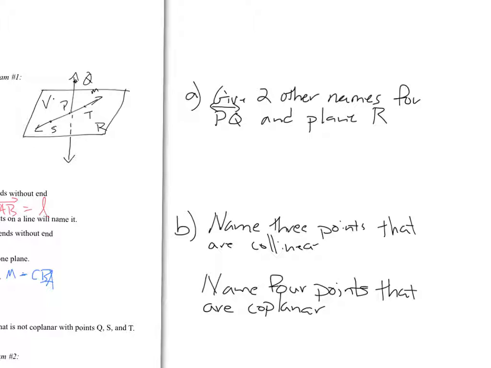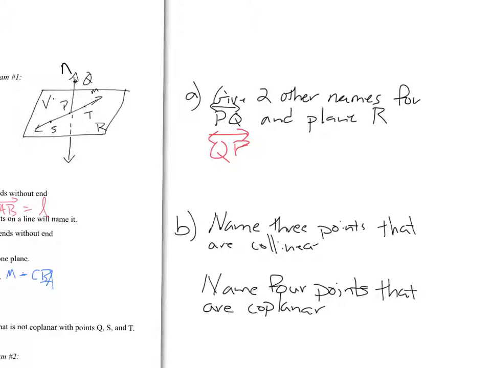Remember, we're giving other names, so we can take our line PQ, and we could change it to QP and put our line symbol on it, and that would work. And then there's not really anything else we could do for that unless I forgot to put something on there, which I did. Apparently this should also be an n, a lowercase n on there, and therefore we can come up with our second name of this.